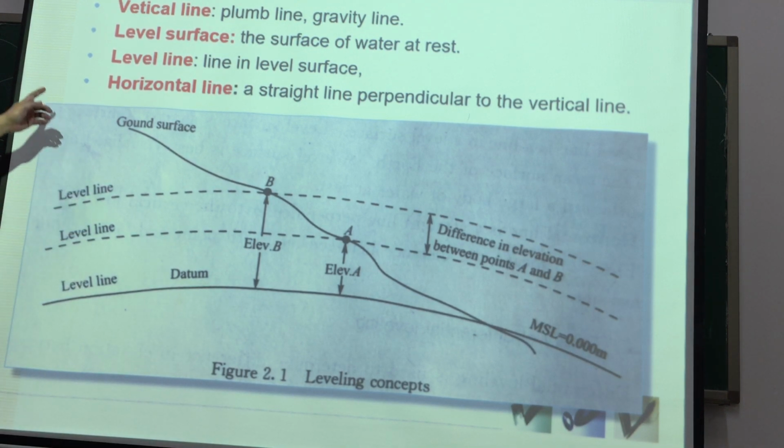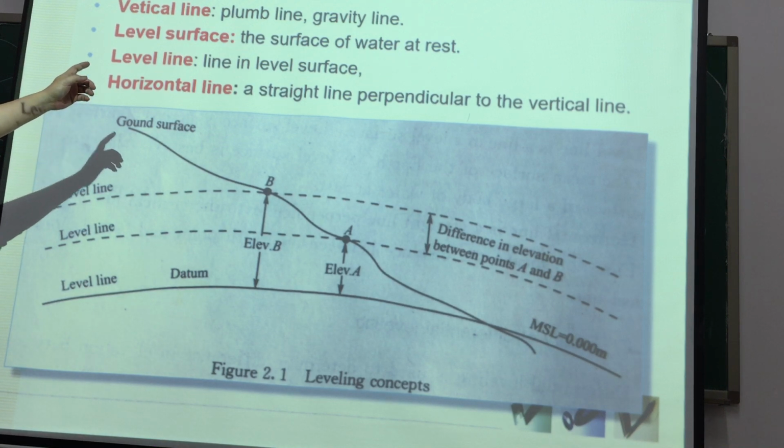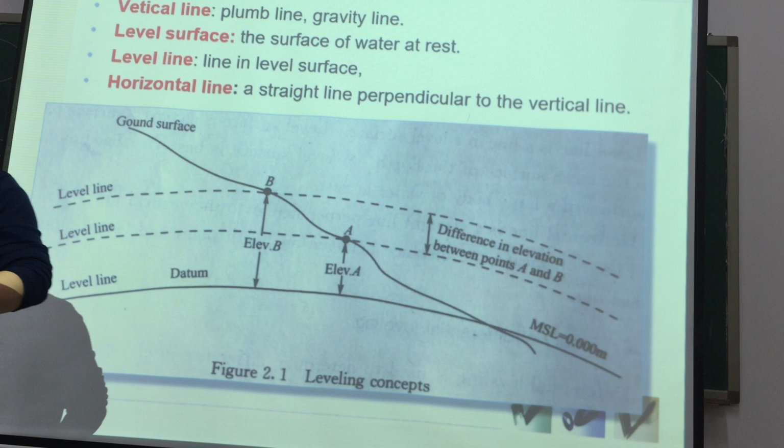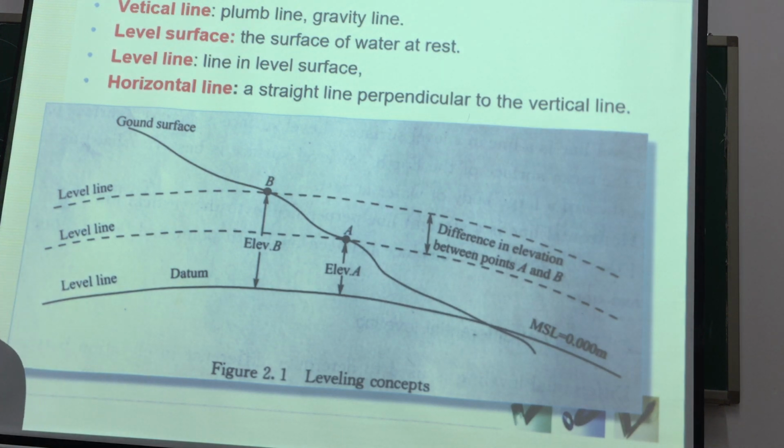You mean the surface is not at rest? Level surface, you have many, innumerable. But this is not important. We just use only one, the geoid, meaning sea level, as the standard surface.